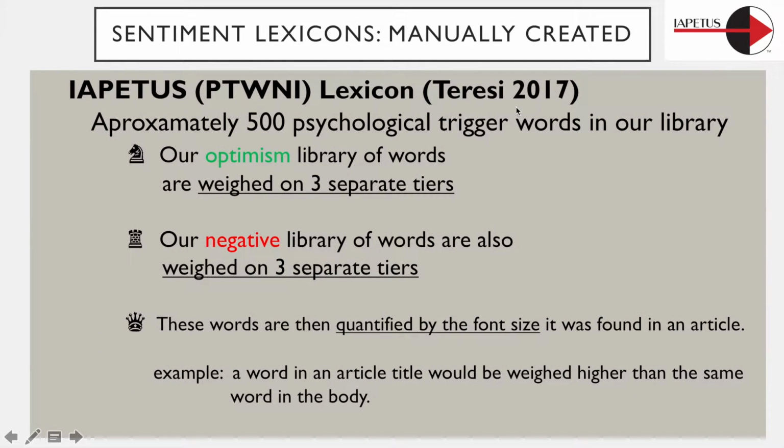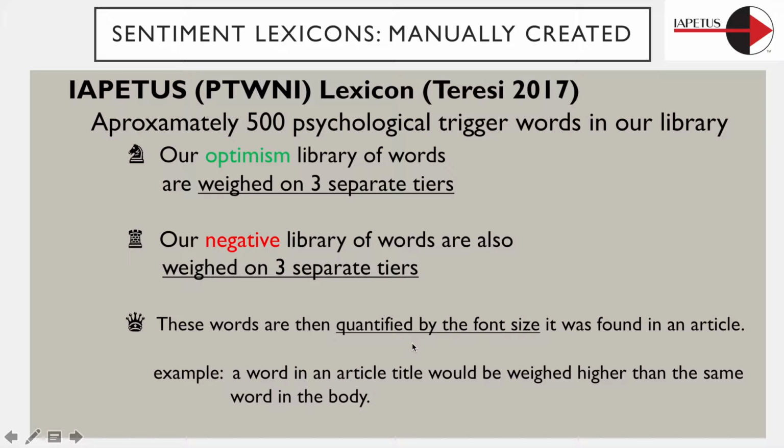And then what we're doing at Iapetus, we're weighing those words, right? So our psychological trigger word news index has approximately 500 trigger words. We have an optimism library that is broken down into 3 tiers of weighing, and a negative library, which is broken out into 3 different groups, 3 tiers.